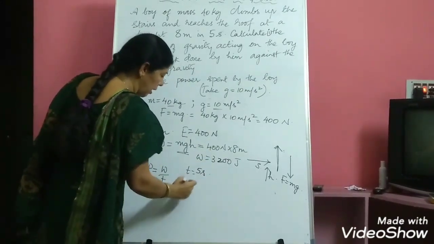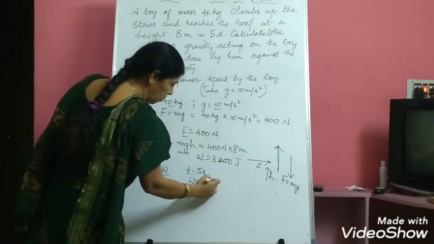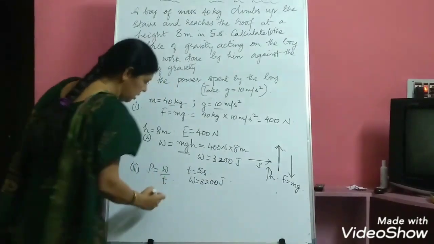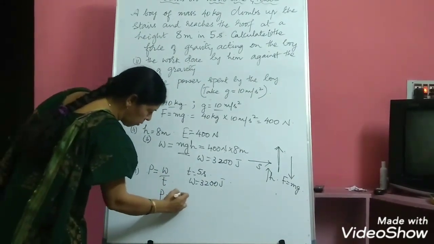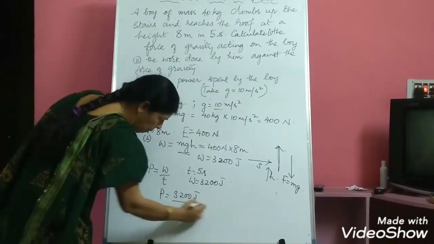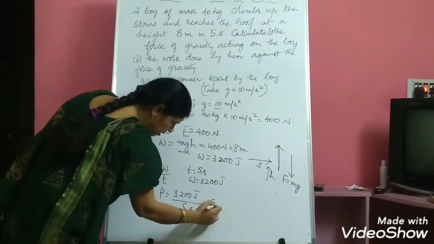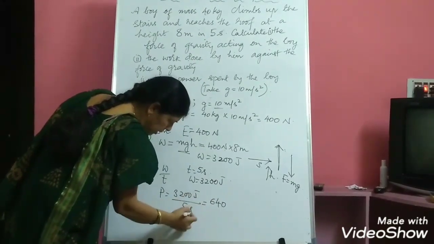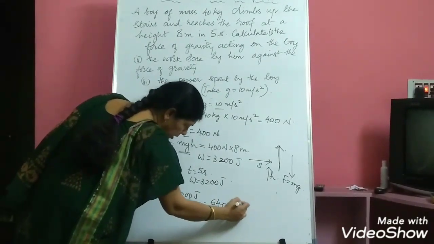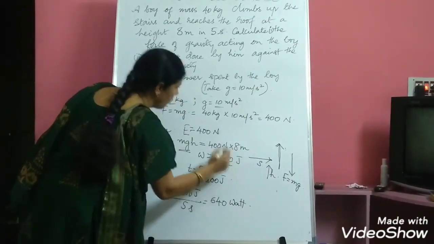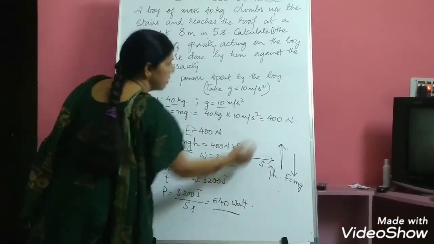W, just now we have calculated, is equal to 3200 joules. So just substitute: P is equal to 3200 joules by 5 seconds. It will be 640 joule per second, which is nothing but watt. So this is the solution.